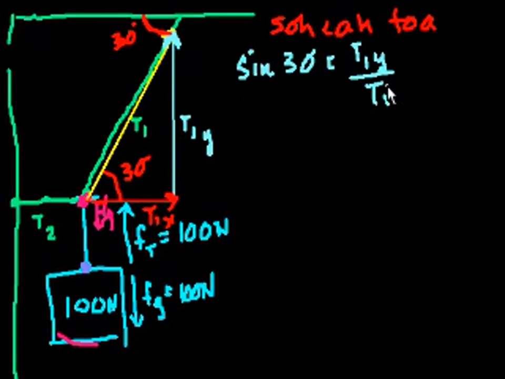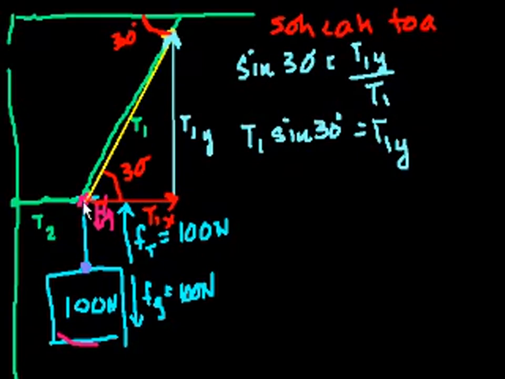And so if we solve for T1 sub y, we get T1 sine of 30 degrees is equal to T1 sub y, right?